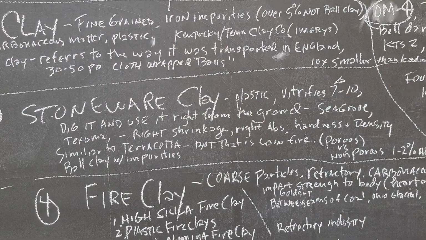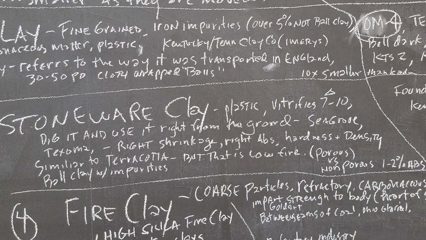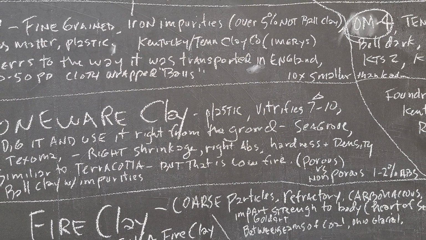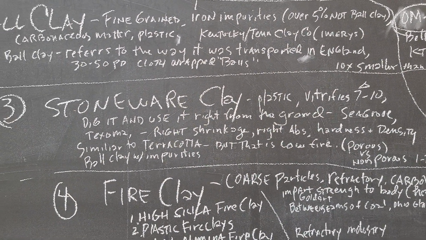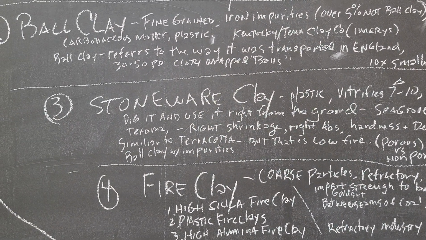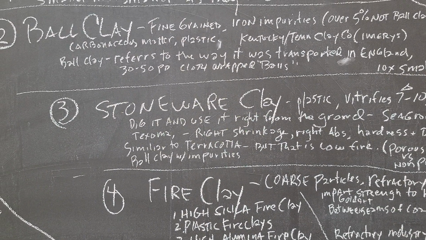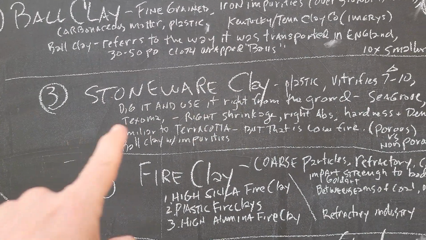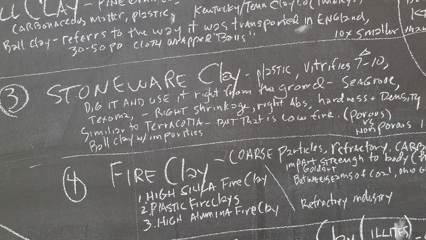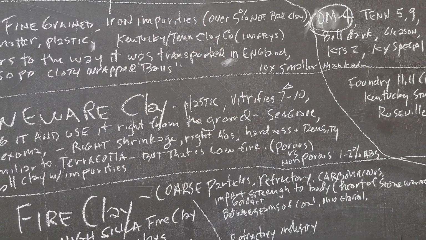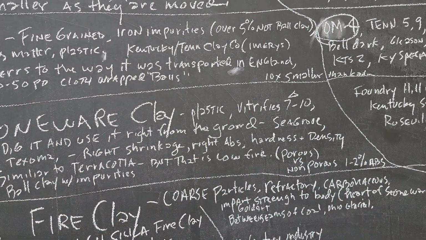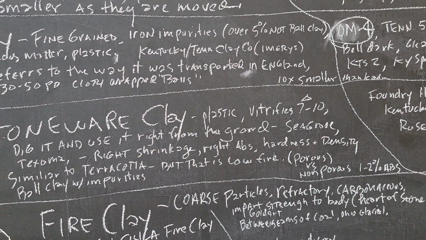This is a plastic clay that vitrifies at about cone 7 to 10. The interesting part is you can dig it right from the ground and use it as it is, because it has the right shrinkage, the right absorption, and the hardness and density, and can fire to cone 7 to 10. That's actually quite magnificent and unusual.